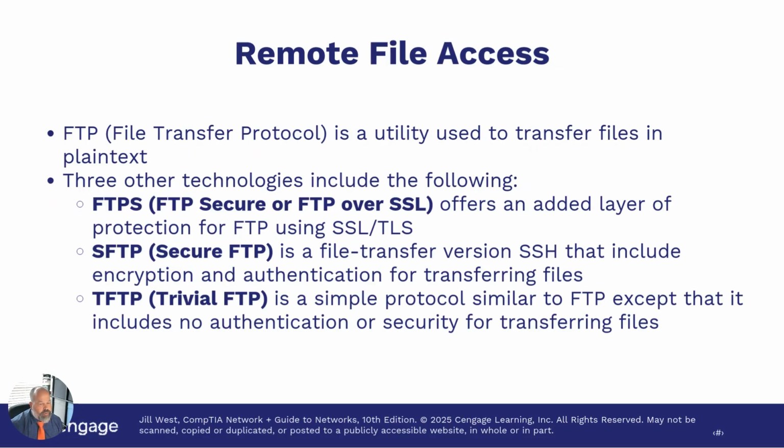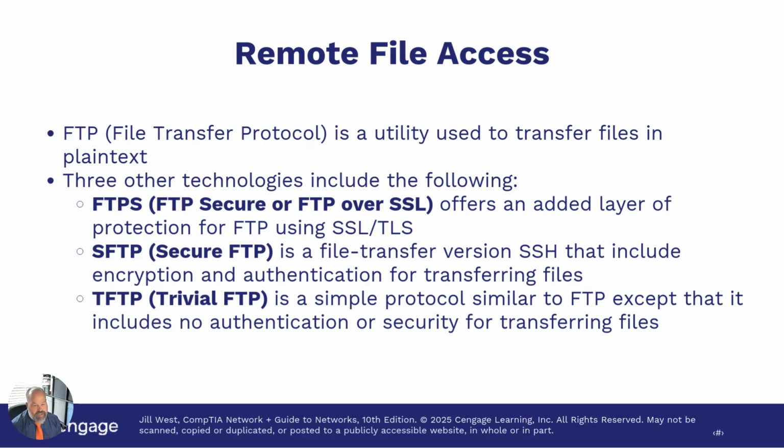Next, we have File Transfer Protocol, FTP. That is like the OG of moving files around. But it's like mailing postcards as well. Anyone can read them along the way. It's not very secure. So as a result, we have FTPS, which is secure FTP, and that does add encryption.